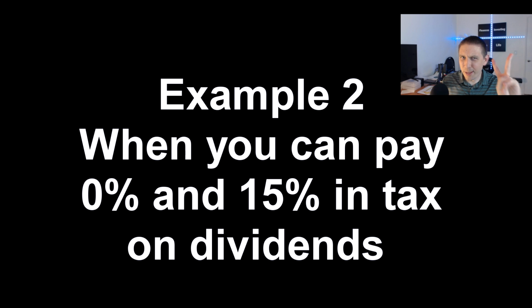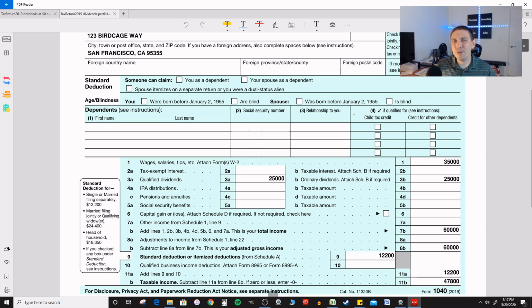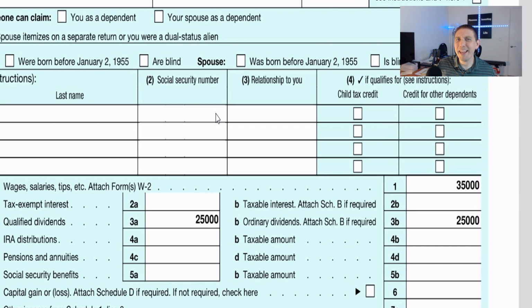It is example number 2 time, ladies and gentlemen, and you're going to see how your dividends can be taxed at both 0% and at 15%. That's right. I bet you didn't know that they could be taxed at 2 different rates, but they can, and you're going to see that in this example. In example number 2, you're still making $35,000 a year at your job. But this time, your dividend income is looking pretty good.